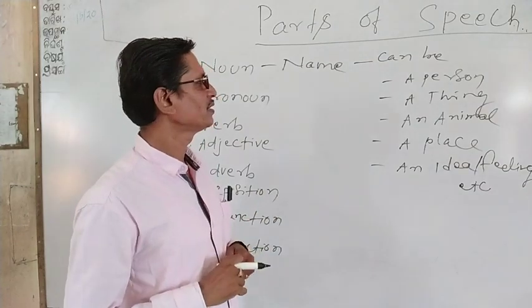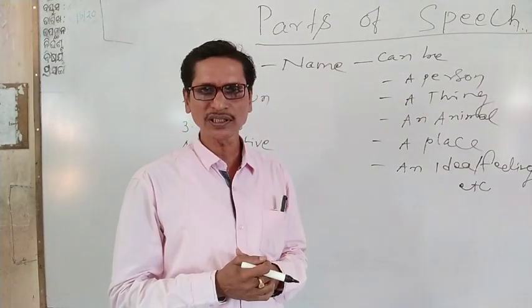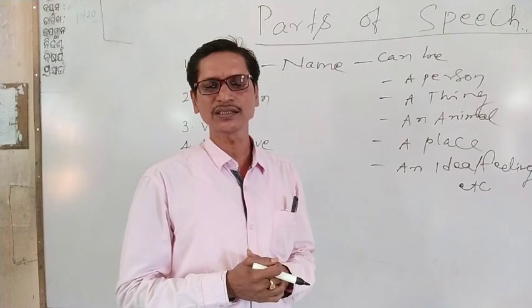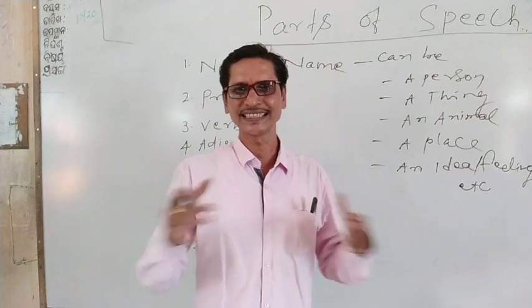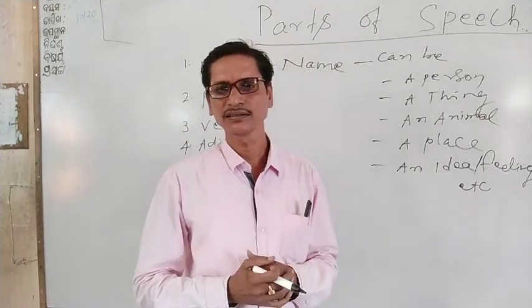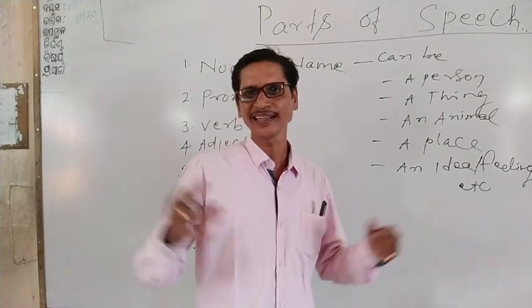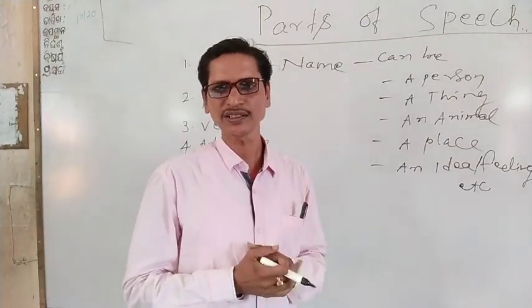For example, when we talk about a person, Hari is a person, Sita is a person, my teacher is a person, my father is a person, my mother is a person.